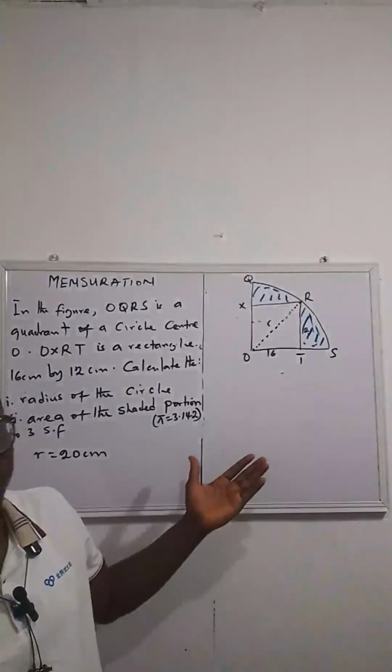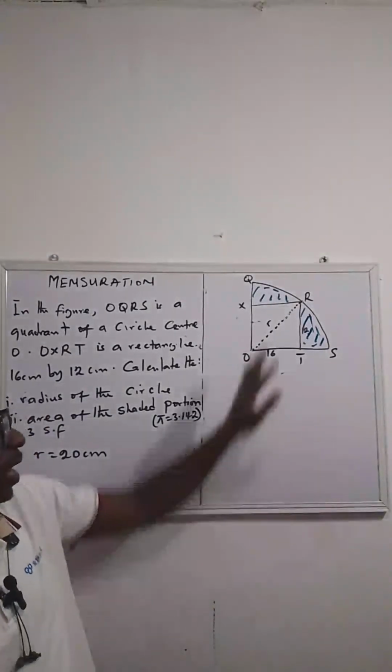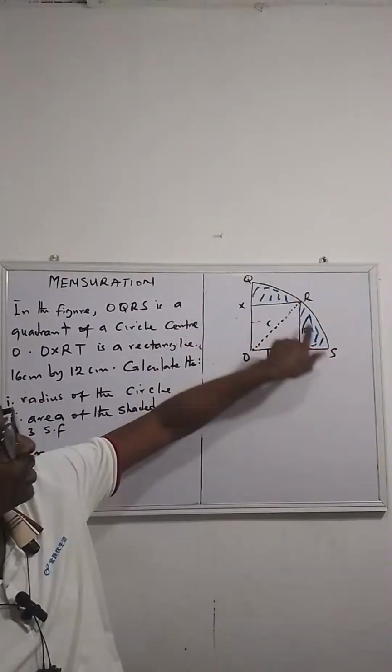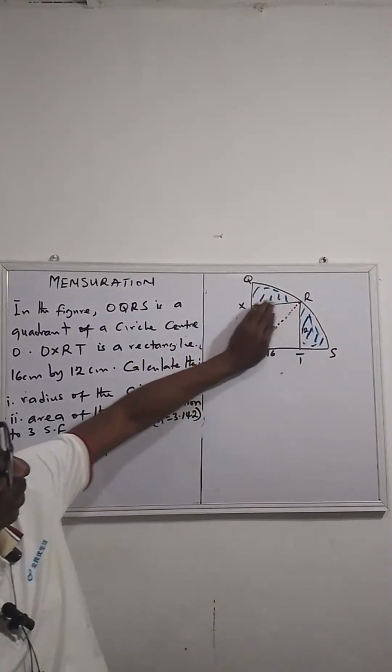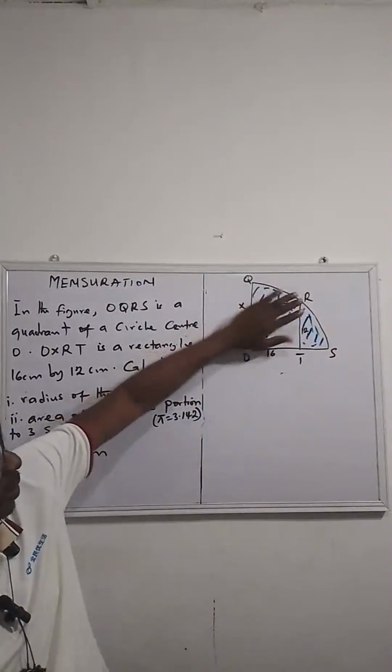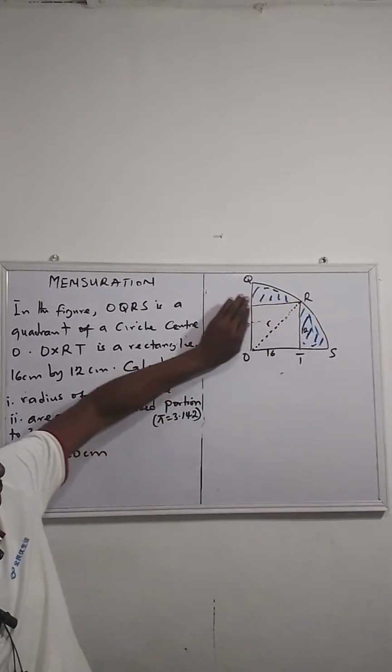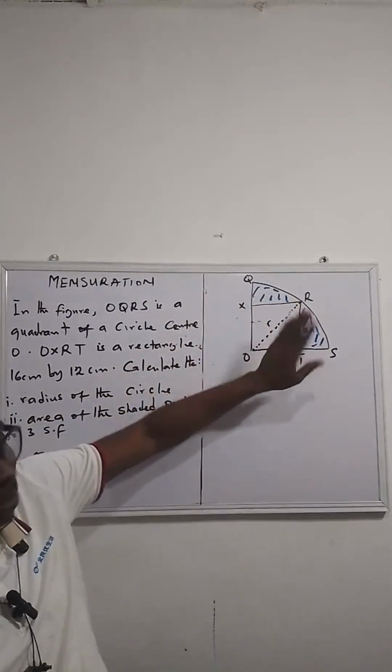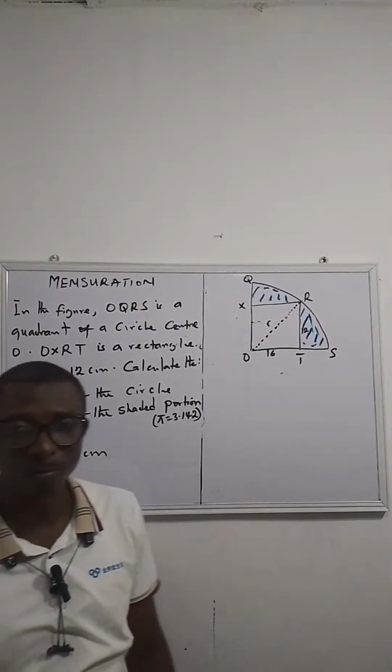I hope you understand that. Out of everything we have here, I want the shaded region. Just take away this from everything. Once you take away this rectangle, what will be left is the shaded region, and we are good to go. All right.